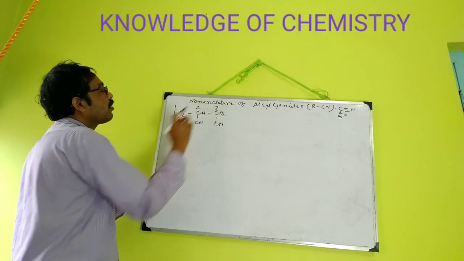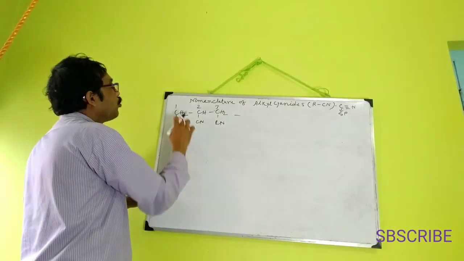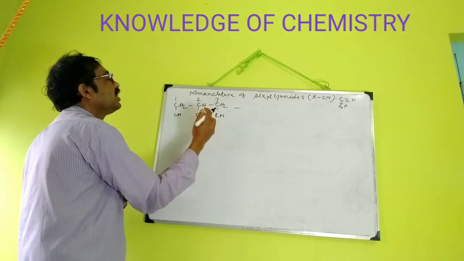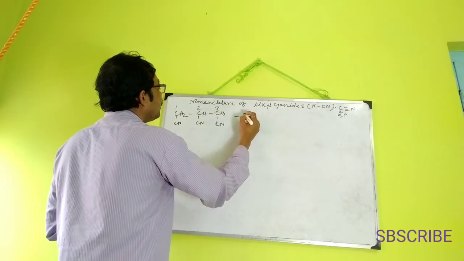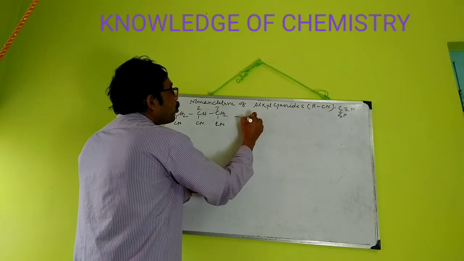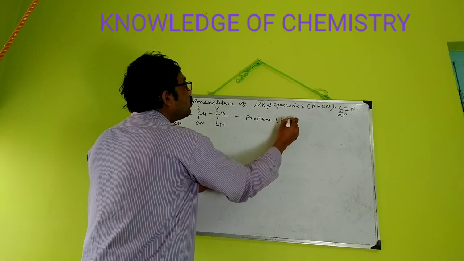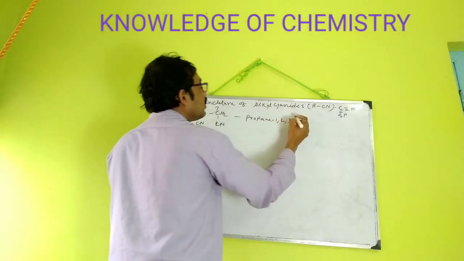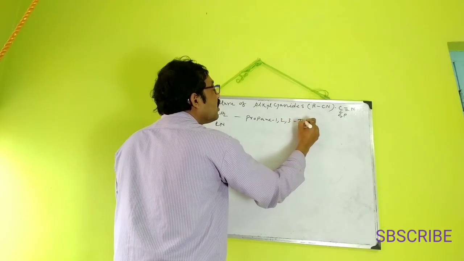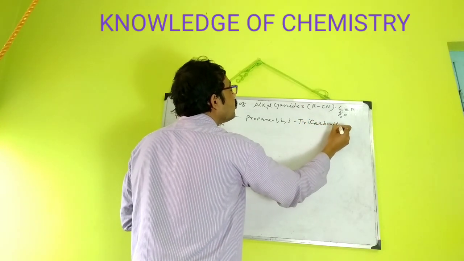So here 3 carbon atoms are present in the long chain. Therefore, propane-1,2,3-tricarbonitrile will be the IUPAC name.